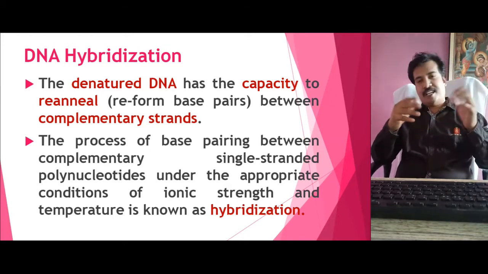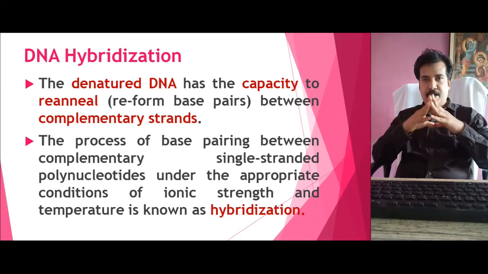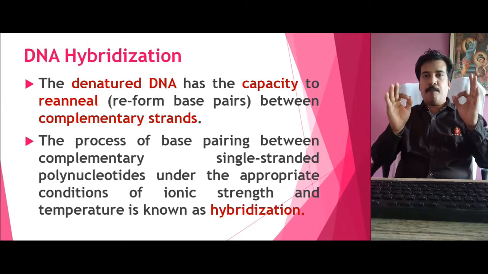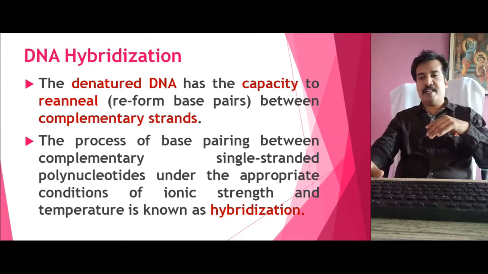Once again, to discuss this principle, DNA hybridization is a process of base pairing between the complementary strands of DNA molecules under appropriate conditions like temperature and ionic strength. This is the basic principle of the southern blotting technique.